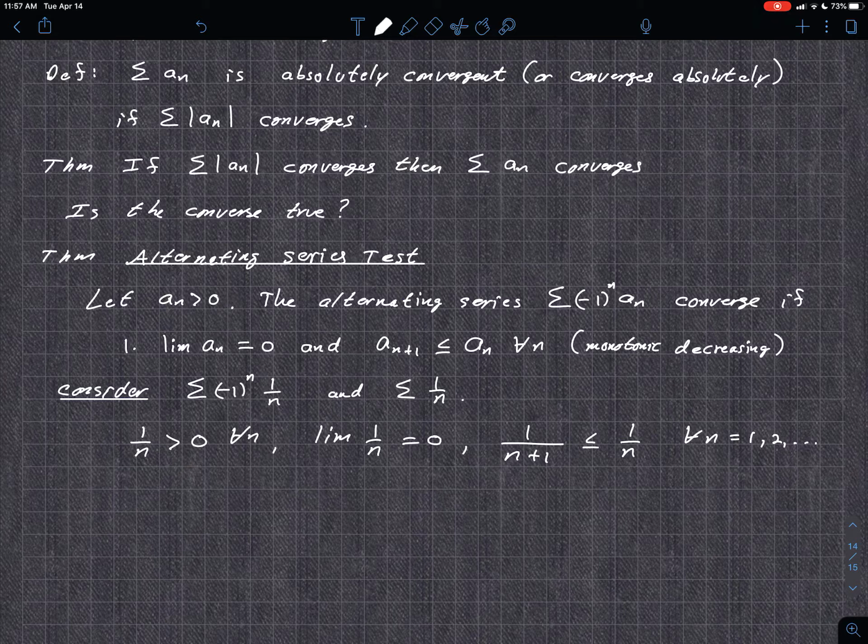And then, etc. So because that's all true, by the alternating series test, we would know that the sum of negative 1 to the n times 1 over n converges, which is an interesting result, right?